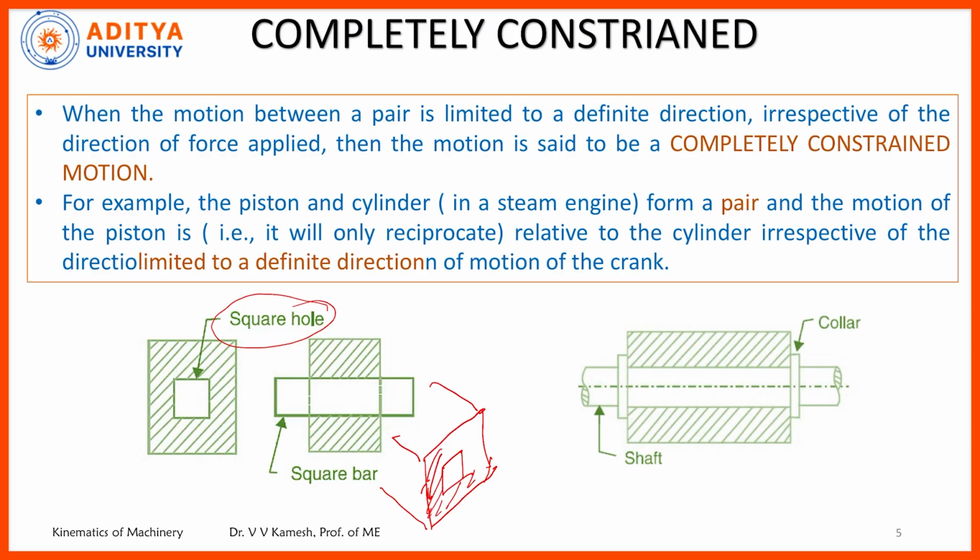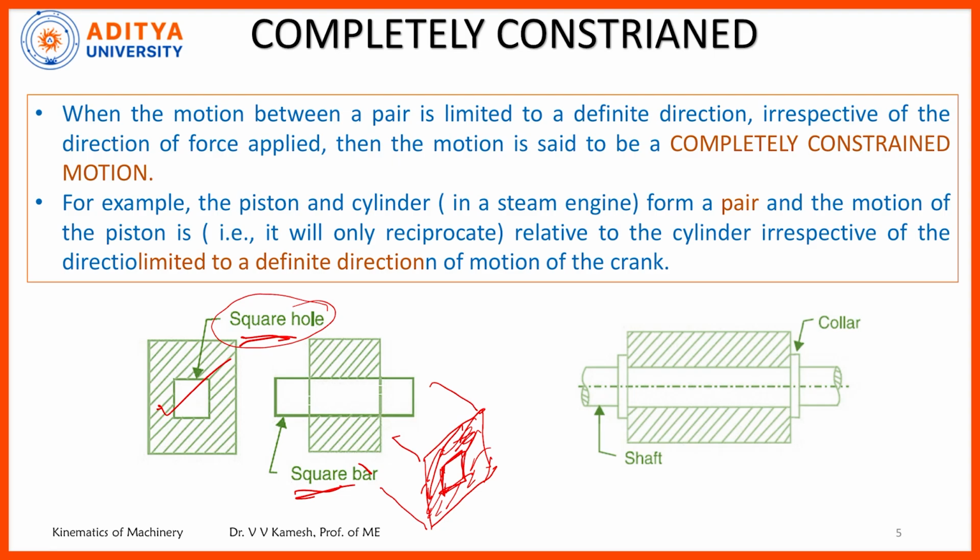Suppose this is hatched I am making, right? And in this is the square hole cut along this length, right? Now along this square hole, which item I can place inside? Only a square bar, right? Because this is the square hole, I cannot place any other shape. I can place only a square bar, right?